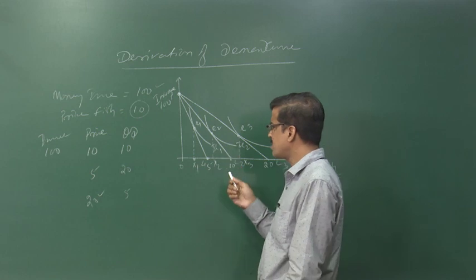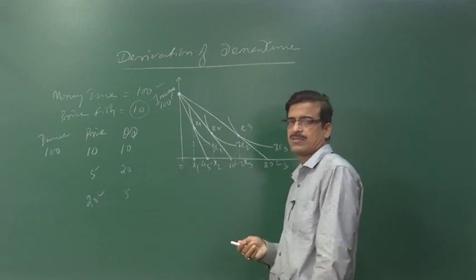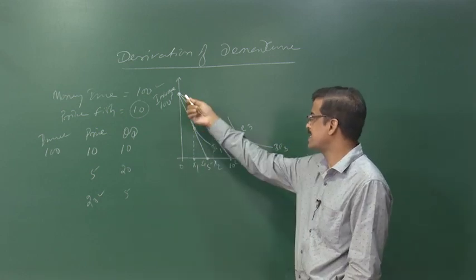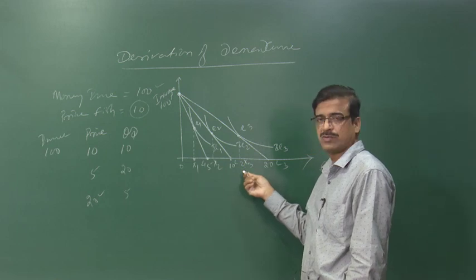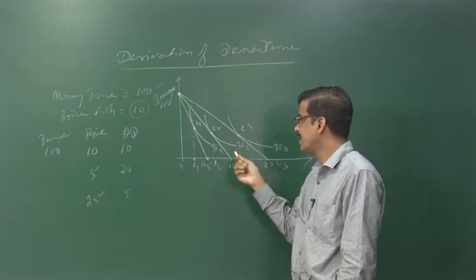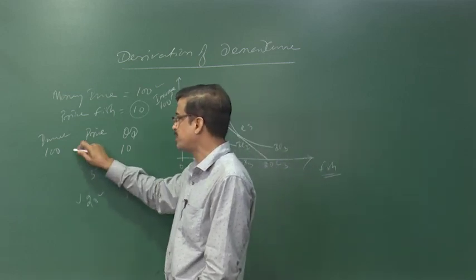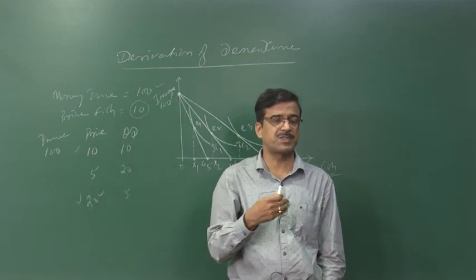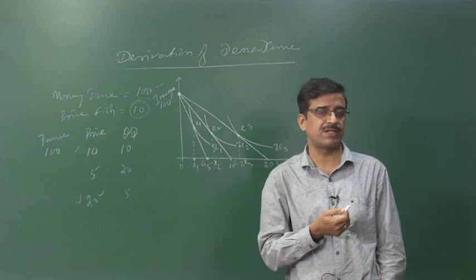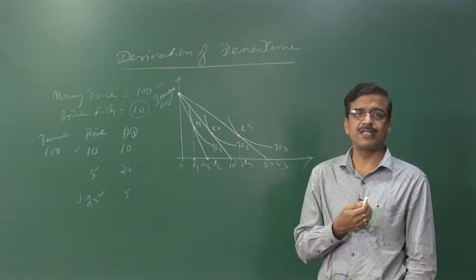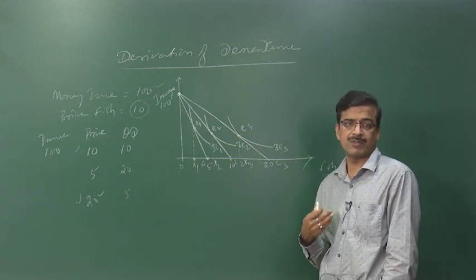When the price falls to 10 rupees, the price line becomes PL2. When the price of the product falls from 20 rupees to 10 rupees, the consumer's purchasing power increases as the real income increases, so he tries to consume more units of the product.